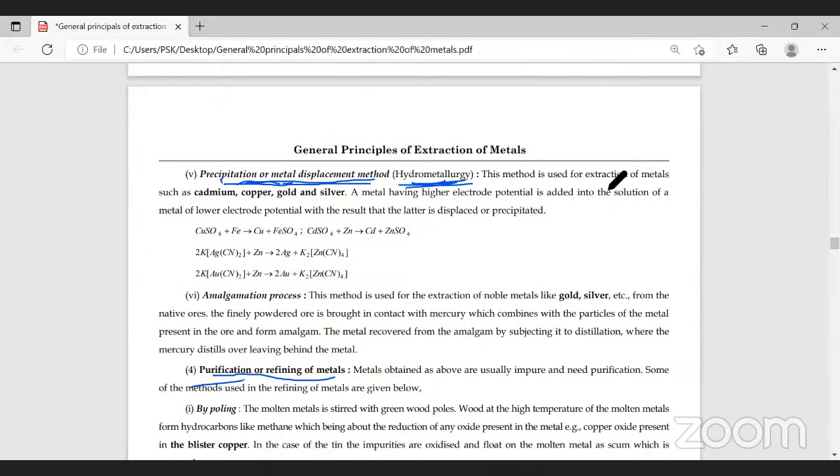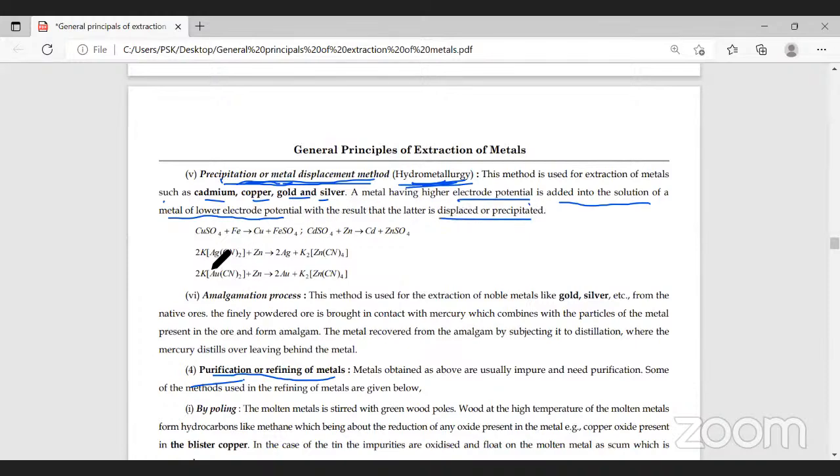This method is used for the extraction of metals such as cadmium, copper, gold, and silver. It's generally for gold and silver, or noble metals. A metal having higher electrode potential, less reactive, is added into a solution of a metal with lower electrode potential, more reactive metal, which results in displacement or precipitation.